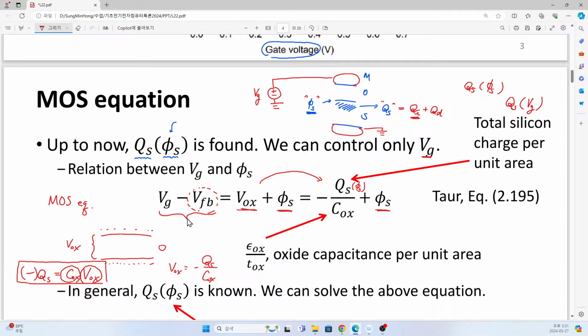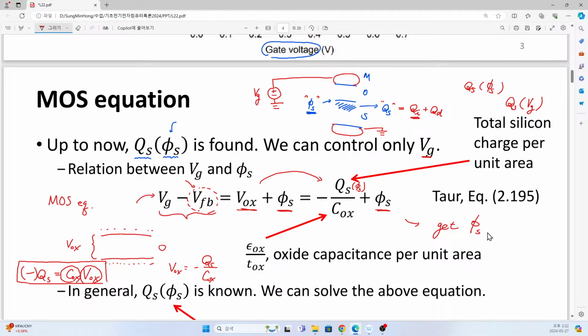So this equation, Tower equation 2.195, can be regarded as an equation for surface potential when gate voltage is given, and of course from its construction, flat band voltage is also given, and Cox is given. Then we can solve this non-linear equation to eventually get phi sub s.